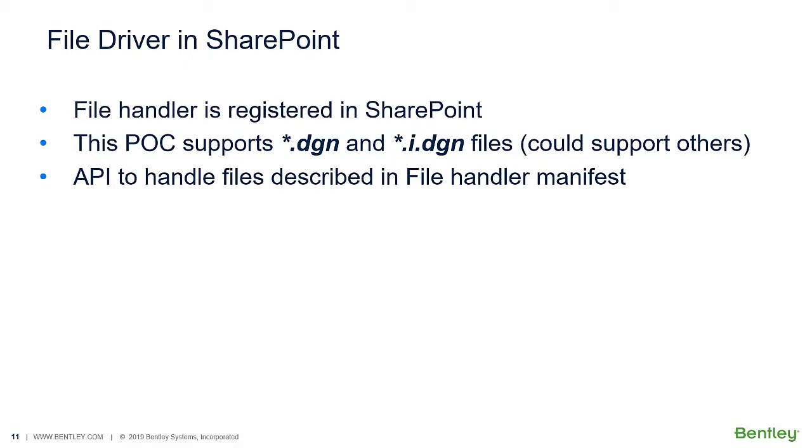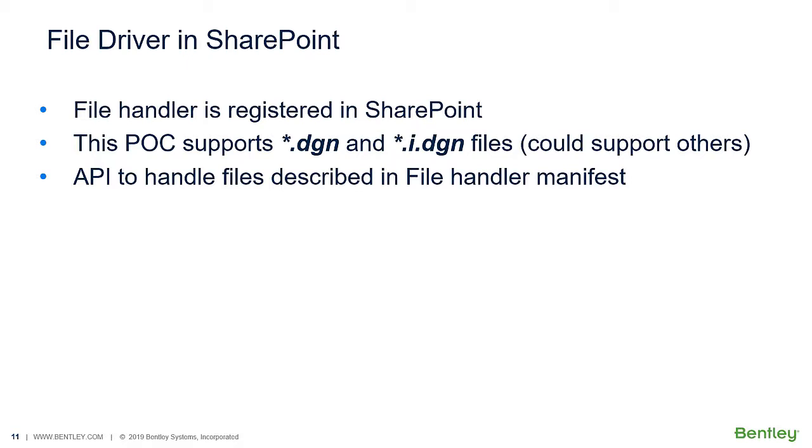So first of all, this file handler that I'm going to demo to you now is registered in my dev subscription in SharePoint, meaning that I have a dev subscription and I registered a completely custom file handler in there. This POC for the time being supports only DGN and .idgn files. It could easily support others. It's up to you.